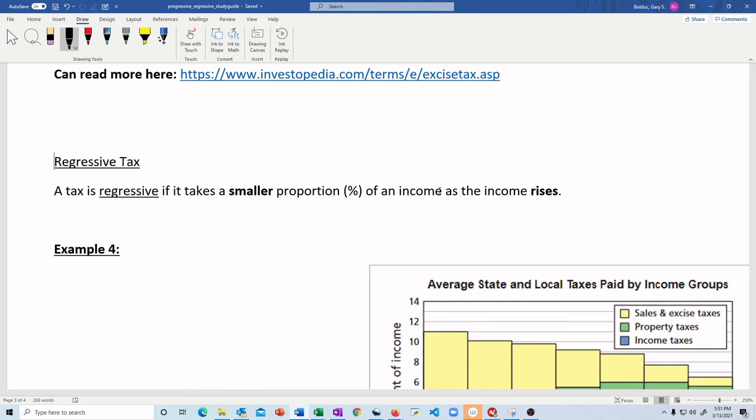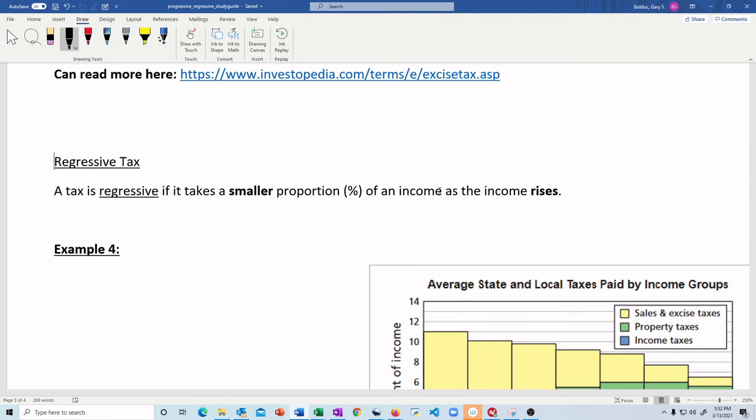And so it's a little bit too much necessarily to say you feel it less, in air quotes, which you can't see. I'm not necessarily saying that, like just because you make more money, you don't feel the tax. But in terms of just your income, you can think of it like that. Or in the opposite direction, a tax is regressive if the less money you make, the more you kind of feel, again, quotes, the tax.